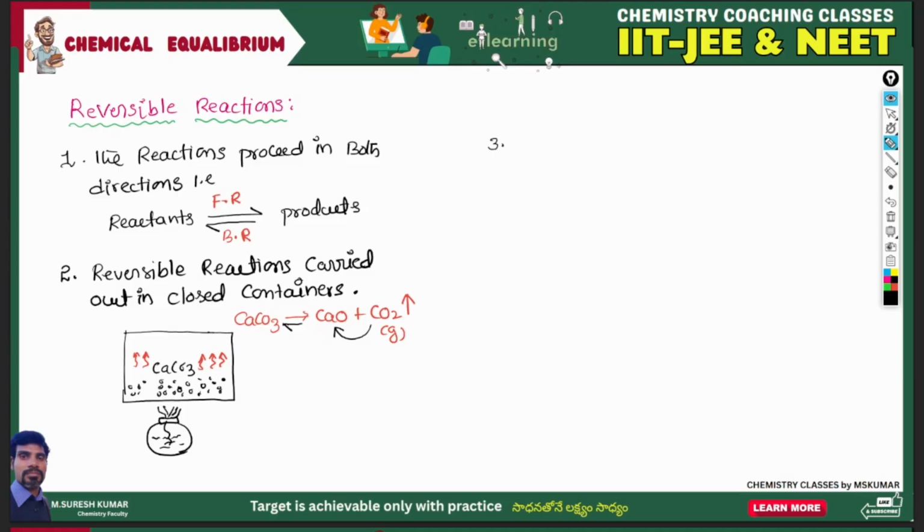Next, coming to the third point, reversible reactions are represented by half-headed arrows. Reversible reactions are represented or denoted by half-headed arrows.